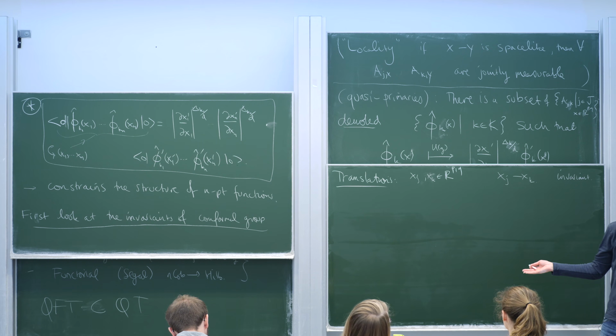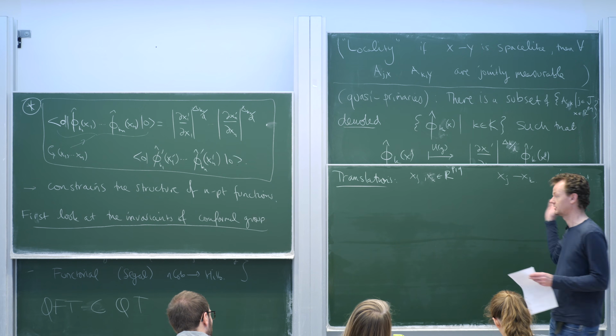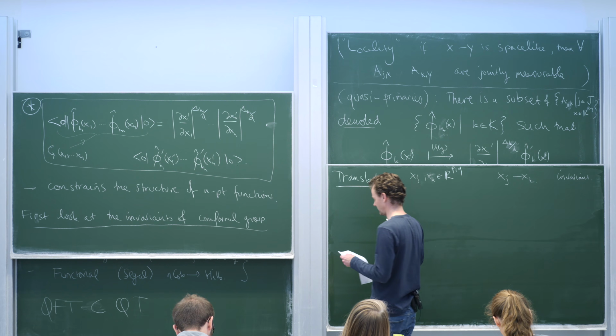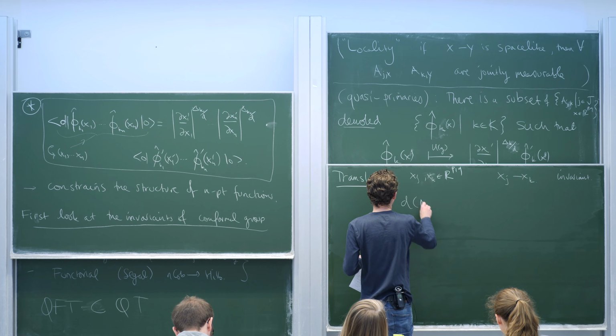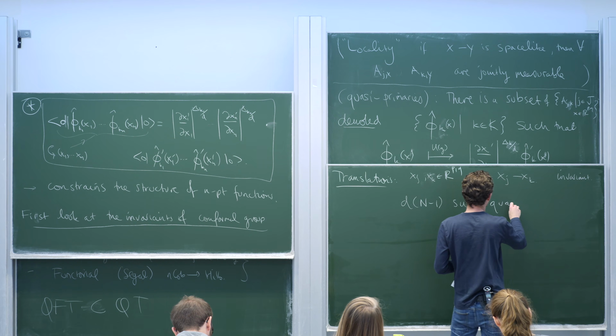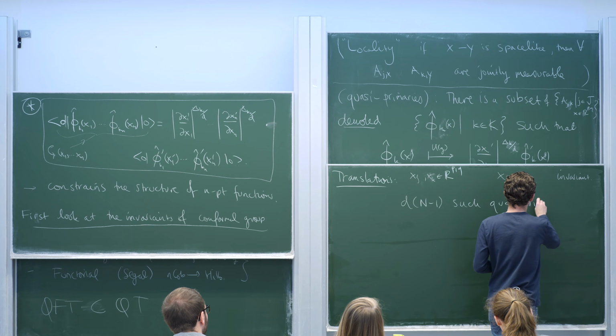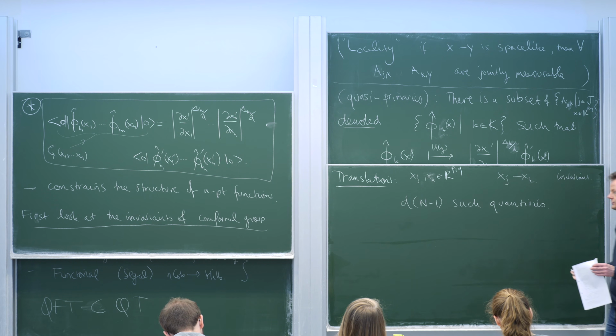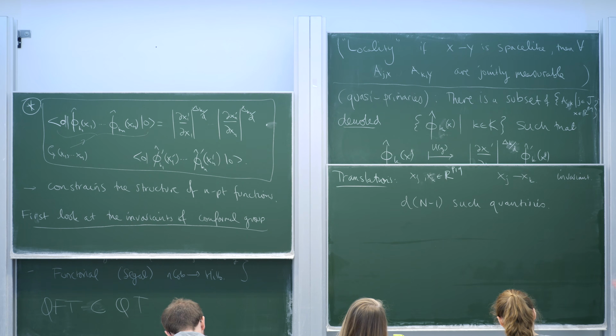So instead of there being d independent variables, we've cut down the number of independent variables we have already. So instead of there being d squared such quantities, there's only d times n minus 1 such quantities.